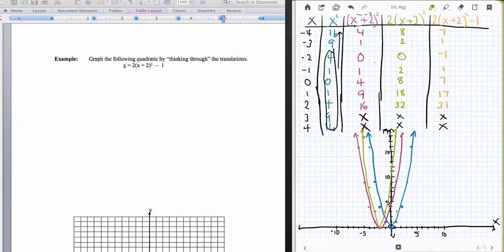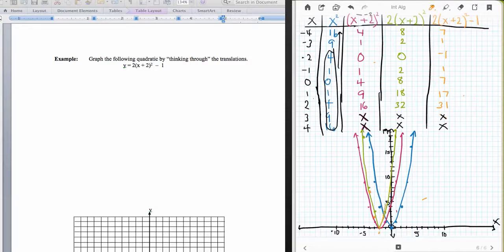All right, now once I have those, the next one I'm going to do is add the vertical component. And so this is going to drag each of these down by 1. So this one's going to go down 1, this one's going to go down 1, this one's going to go down 1, this one's going to go down 1, and this one's going to go down 1.